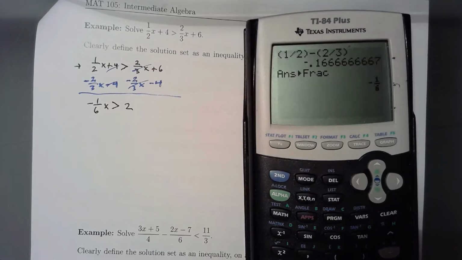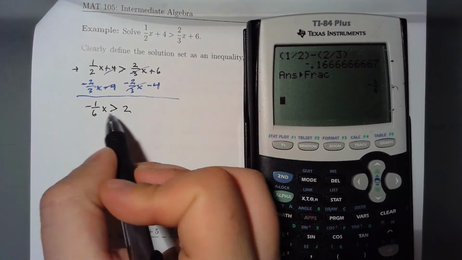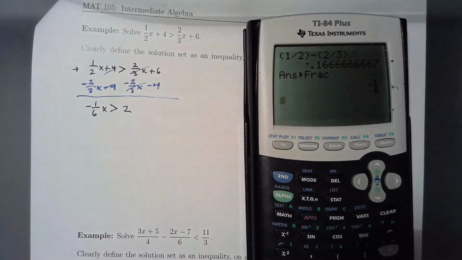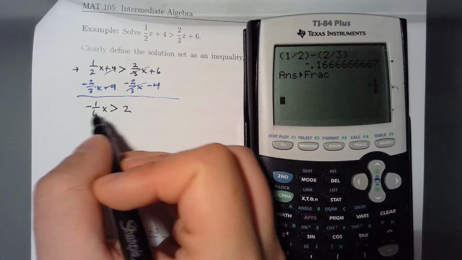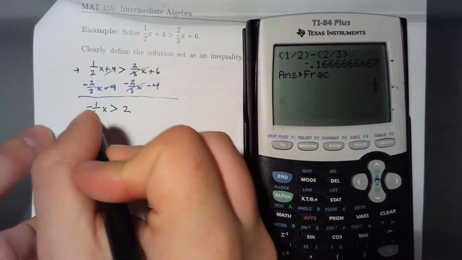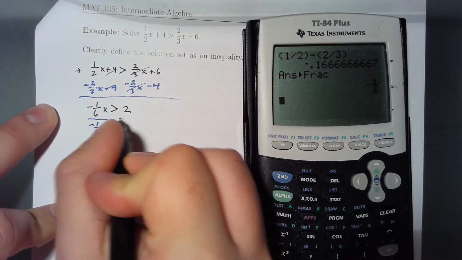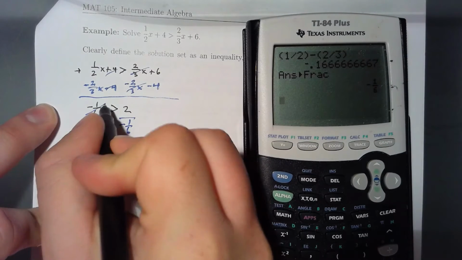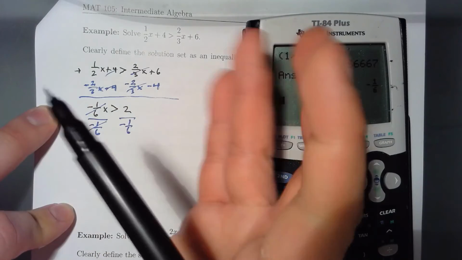Okay, so now what do I do here to get x? Well, this is dividing by negative 1/6, or I can multiply both sides by negative 6. Same thing. So if I divide by negative 1/6, to get rid of the negative 1/6, that's the same thing as multiplying by negative 6.